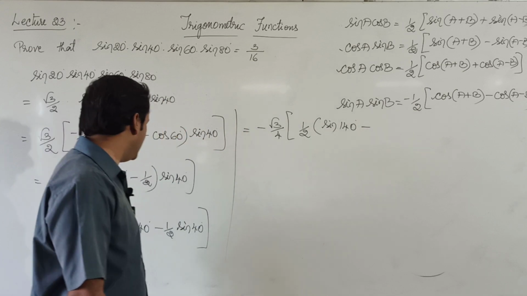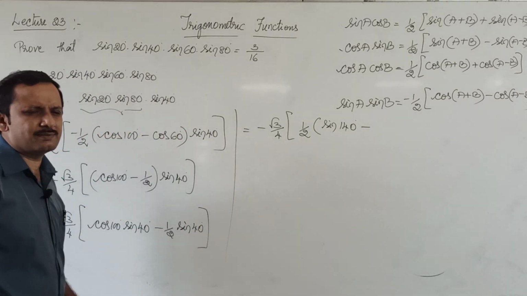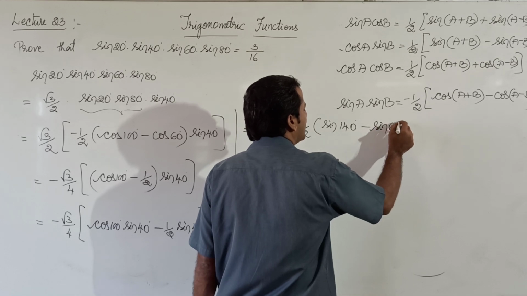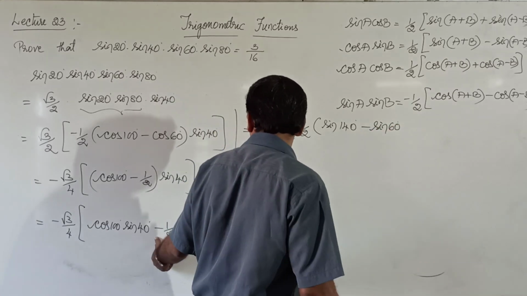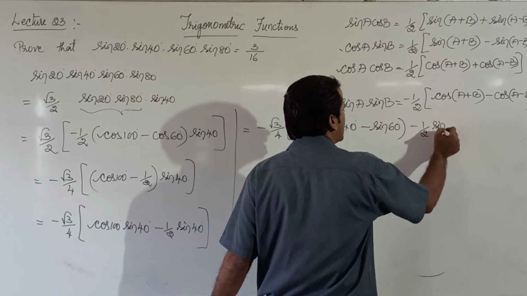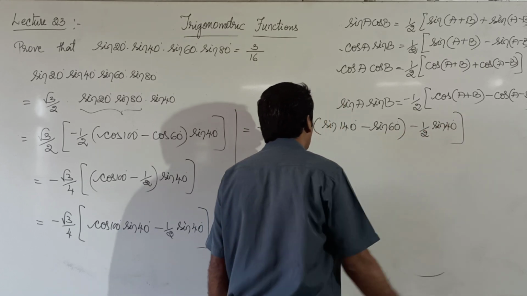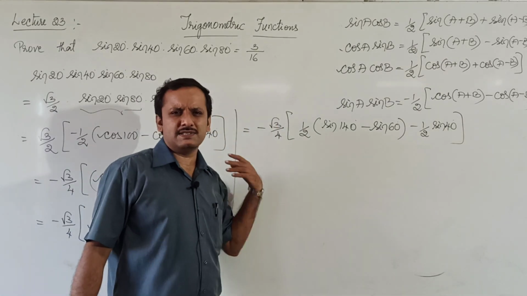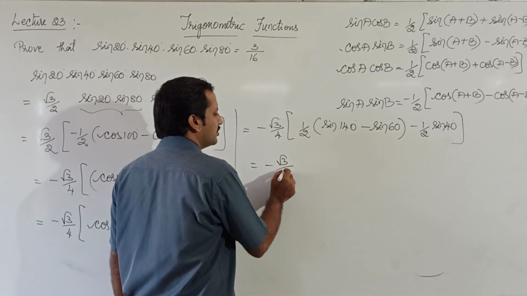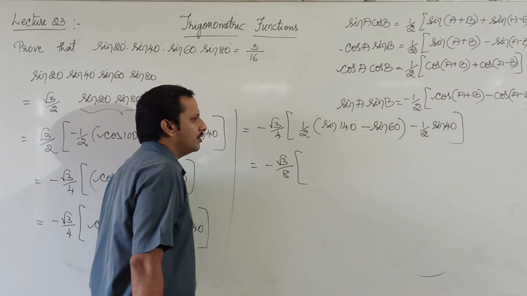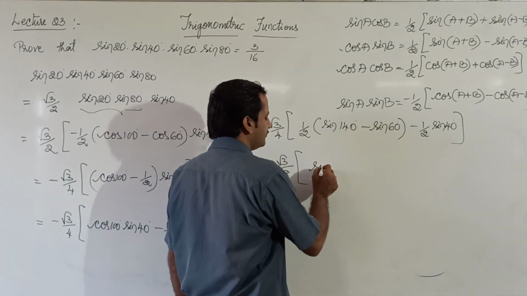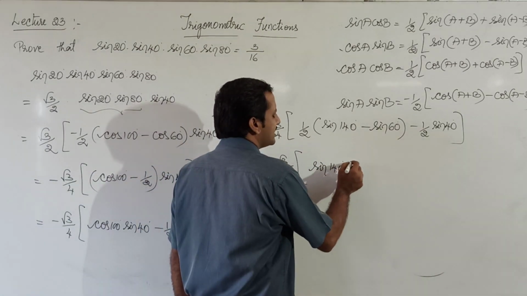Minus sin A minus B. A minus B, 100 minus 40, 60 degree. Minus sin 60 degree. Minus 1 by 2 into sin 40 degree. I'll take that 1 by 2 as a common factor. That will come out. So it will become minus root 3 by 8 into, what is remaining now? Sin 140 minus sin 60.